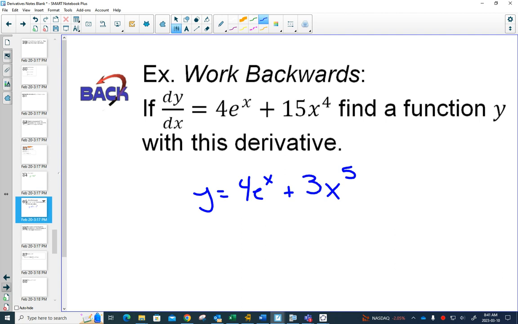Can you see that there would have needed to be a 3 out in front in order for that 15 to be there? And this is a function that would have that as its derivative. Of course, if you wanted to add a number at the end, plus 3, it's your favorite number, you could.